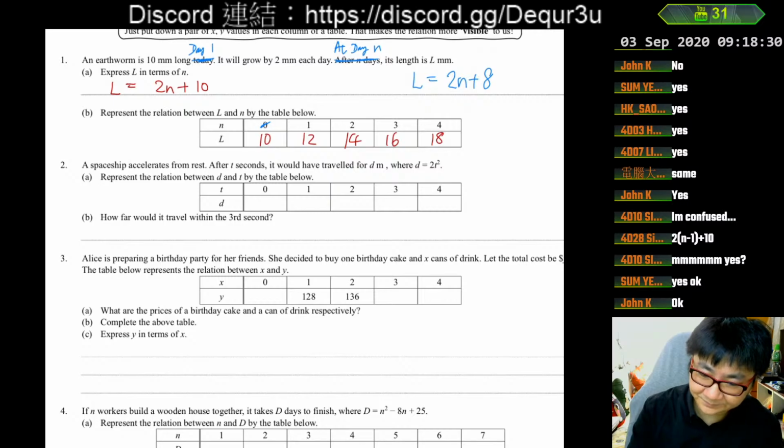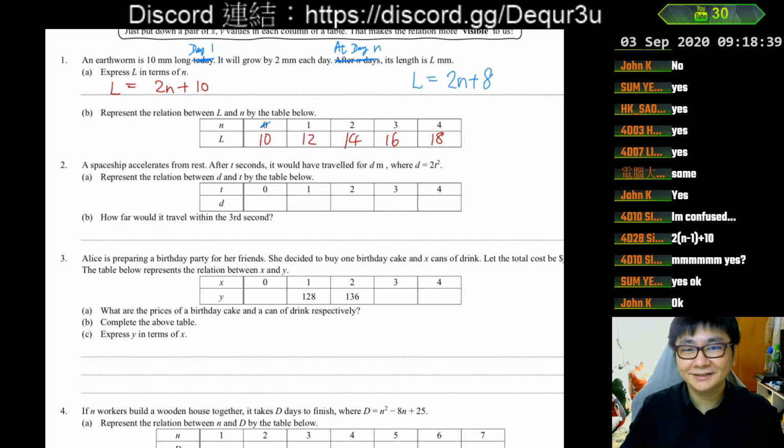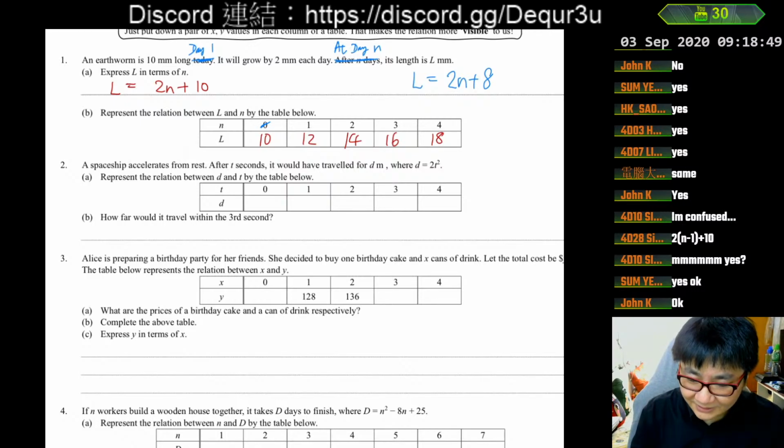Let's take 1 minute together and fill it. In fact, 30 seconds may be enough. Let's finish it when the live clock is 9:19. So represent the relation between d and t by the table below: when t is 0, when t is 1, when t is 2, when t is 3, when t is 4.